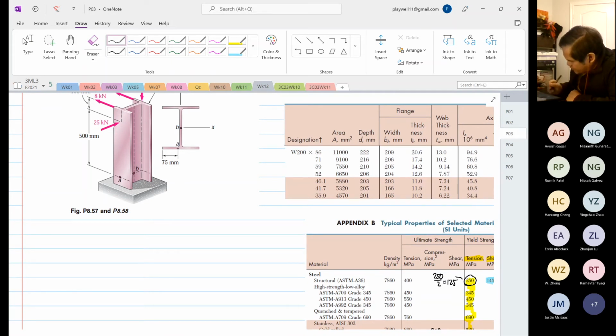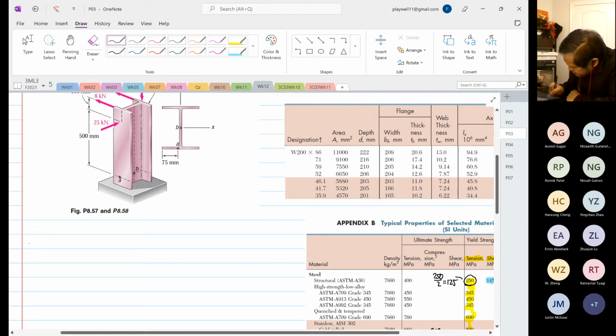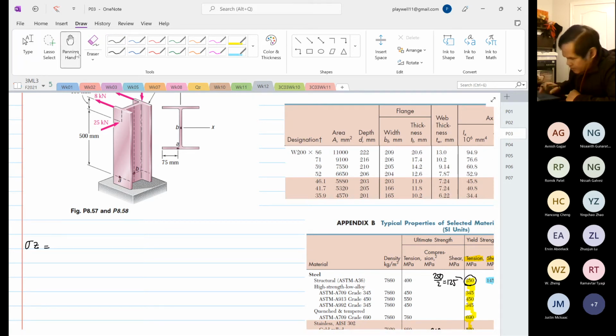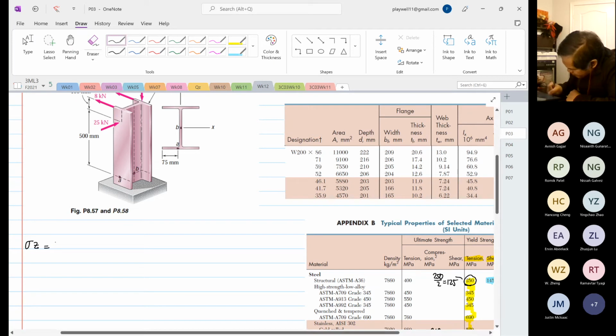So by looking at the structure, our normal stress will be equal to Pz over A. It can be plus or minus My over Iyy multiplied by Z. It can be plus or minus Mz over Izz multiplied by Y. Okay.